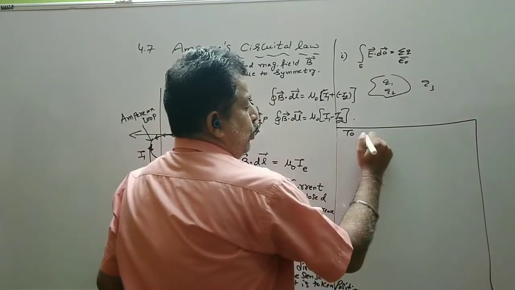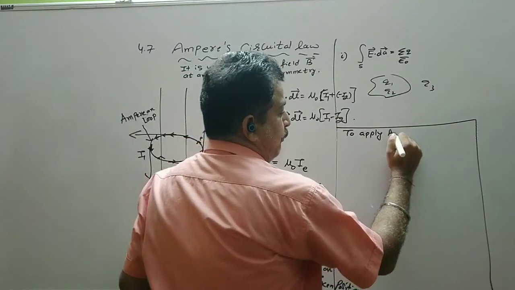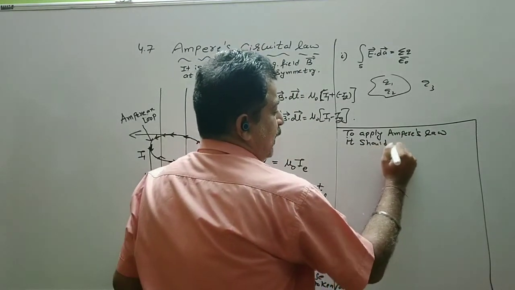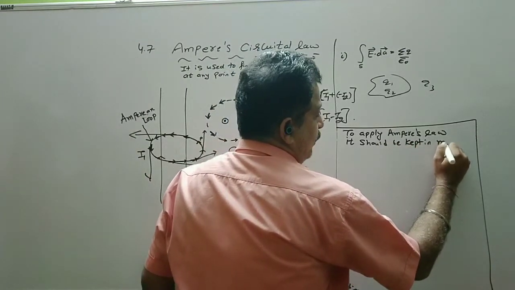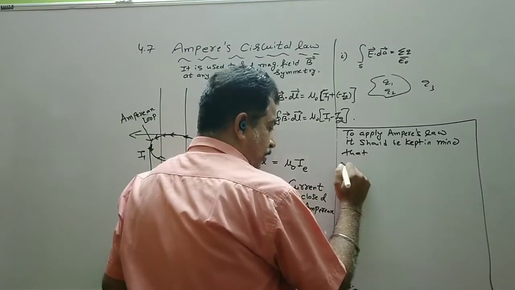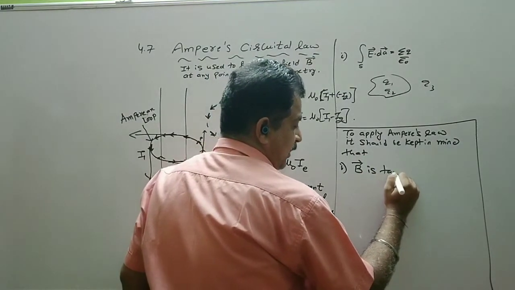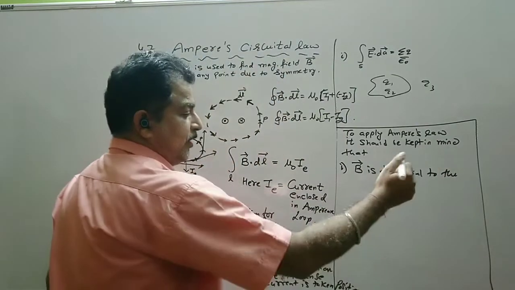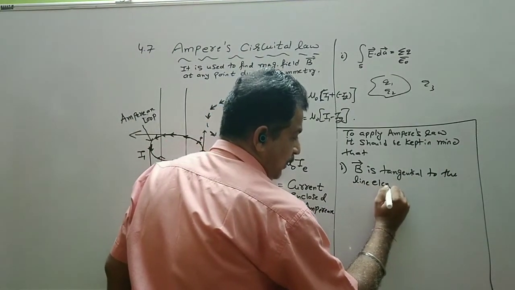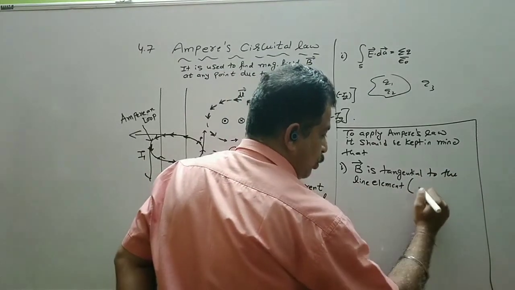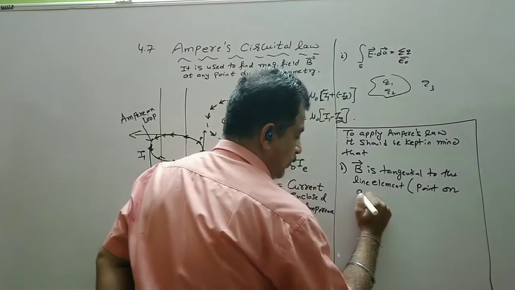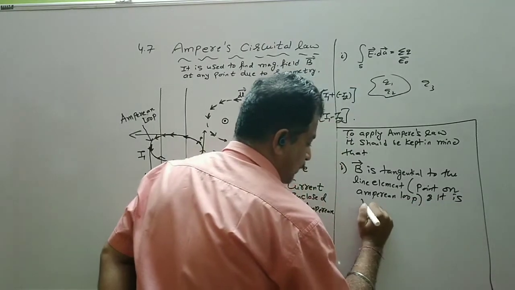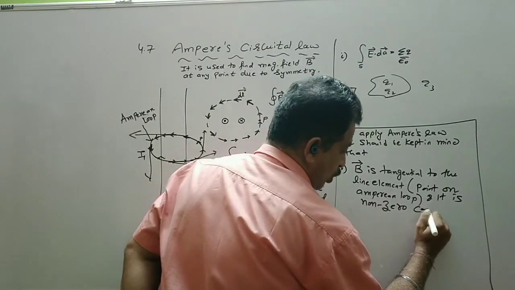To apply Ampere's law, it should be kept in mind that number 1, B vector is tangential to the line element or is tangential to the point on the Amperian loop, and it is non-zero constant.